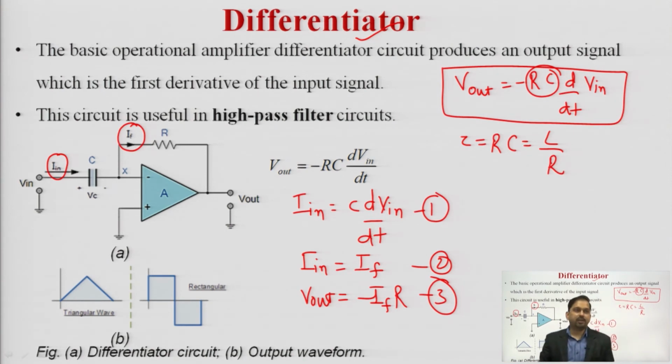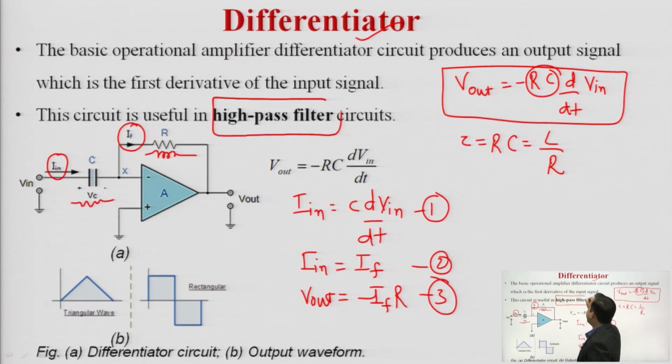We can achieve the same result for this differentiator with the help of an inductor also. Now the inductor will be placed over here and the resistance over here. These differentiators are used in filters, and this differentiator acts as a high pass filter.